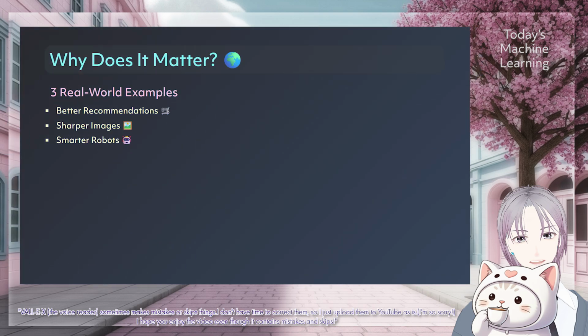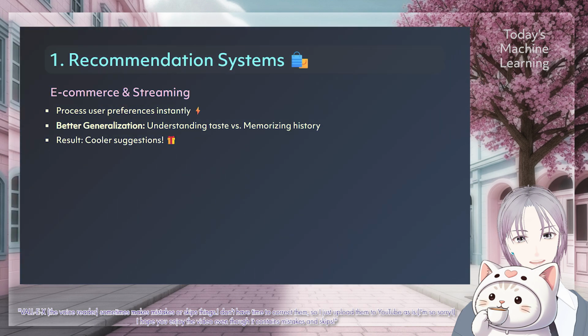Now, you might be asking, Ichino-ani, why does this matter to me? How does this change my life? Well, I'm glad you asked. Let me give you 3 specific examples of how this technology, using things like Derf, can help us every day. First, let's talk about recommendation systems. When you are shopping on an online site, or watching videos on a streaming site, the computer suggests things like, you might like this pair of shoes, or you should watch this cartoon next.